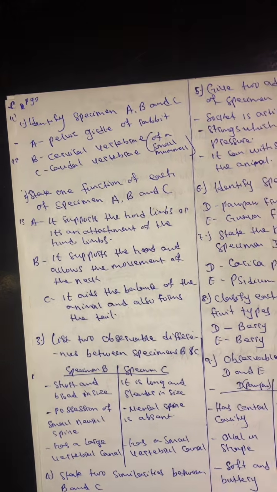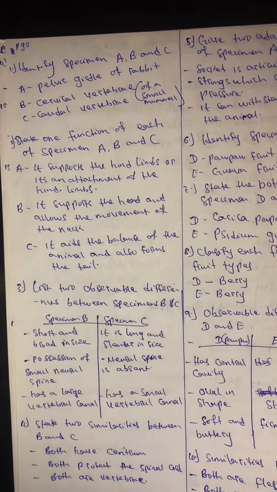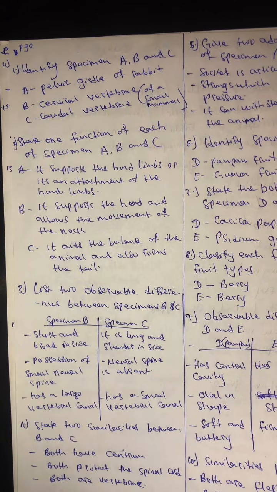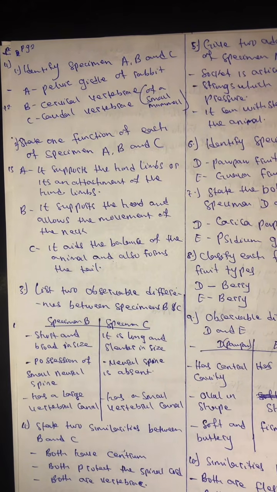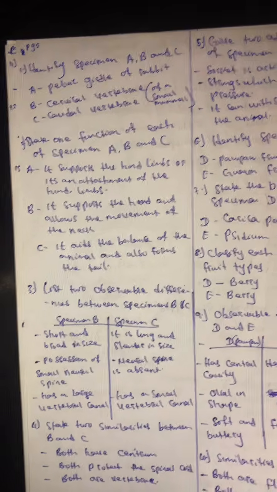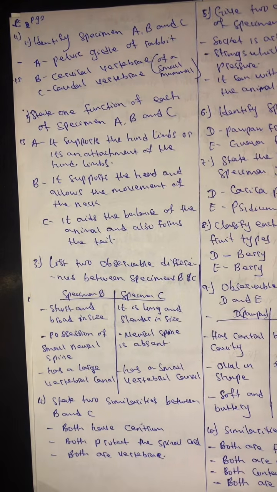Let's move to question number 3. It says list 2 observable differences between specimen B and C. What is specimen B? Cervical vertebrae, and C is caudal vertebrae. Now, what are the observable differences? Not what you cannot see. If they tell you observable differences, they are asking you things you can see.